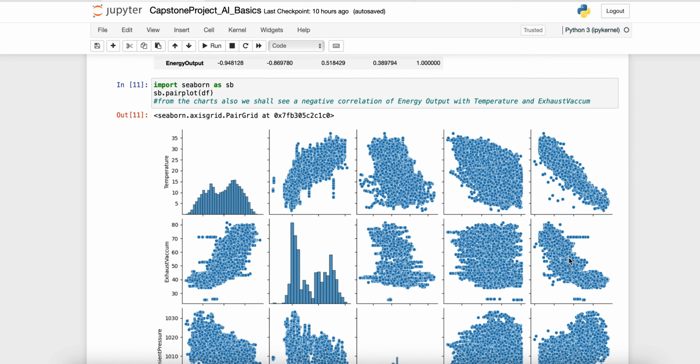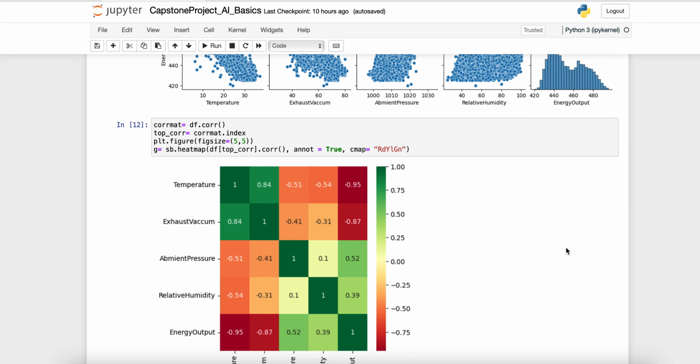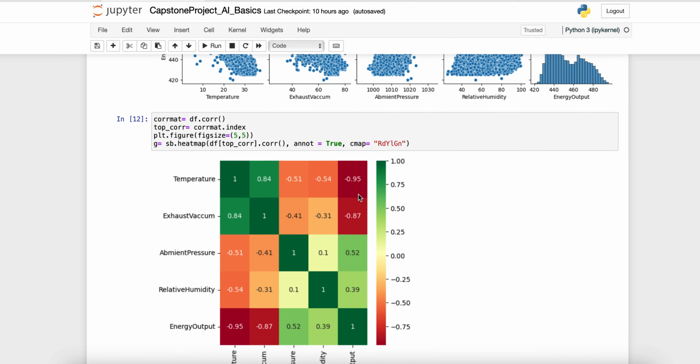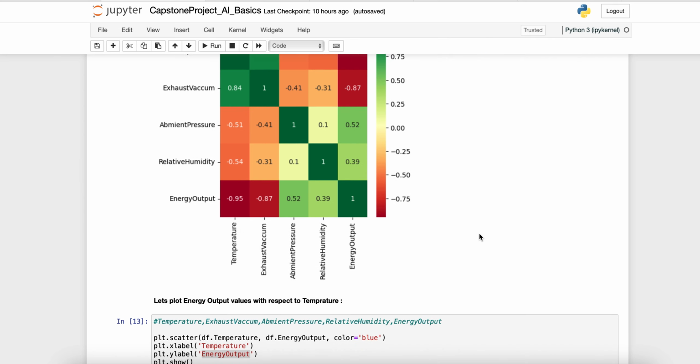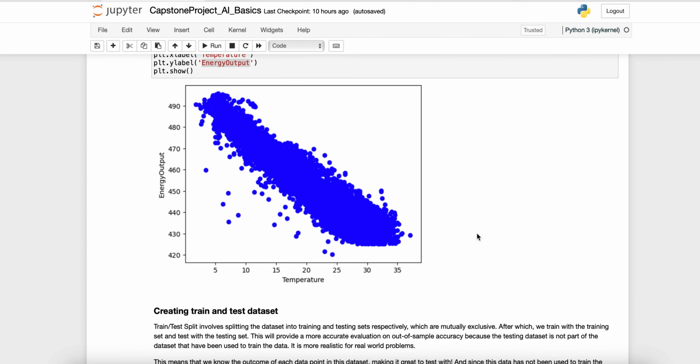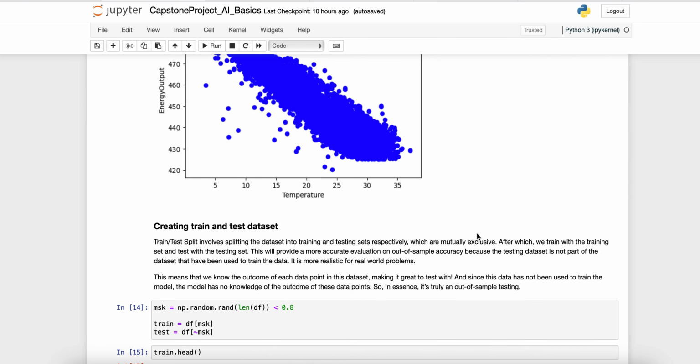This is negatively correlated, whereas the rest is fine. There is also another way, known as a heat chart, to see the correlation. Here also I can see that temperature and exhaust volume are negatively correlated with the energy output. I have printed the same.